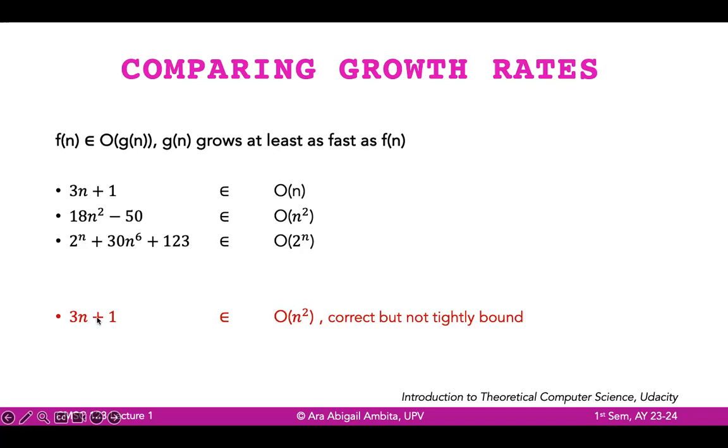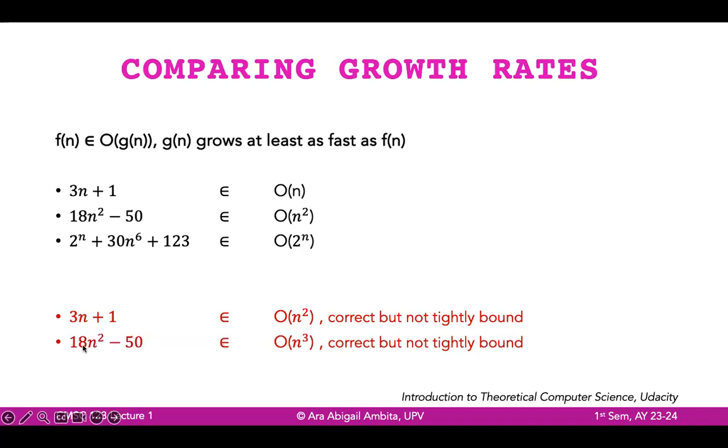Even if we have the same input n, the n squared will grow so much faster. The running time for n squared will grow so much faster, and it will always bound 3n plus 1. So we can then say that this is correct, but it is not tightly bound.